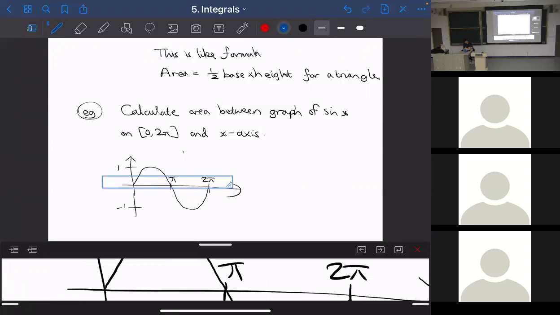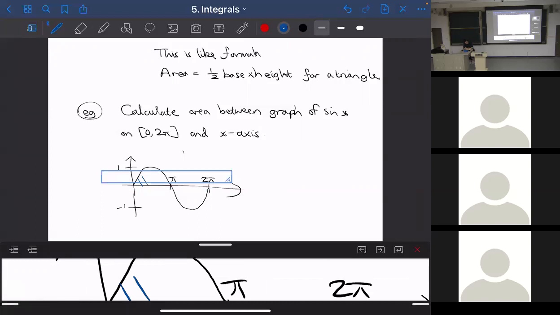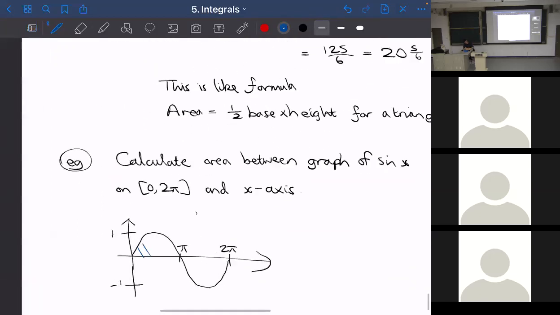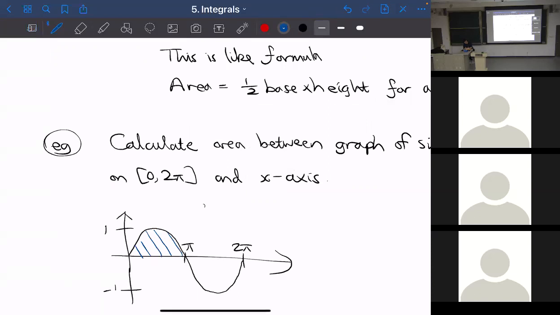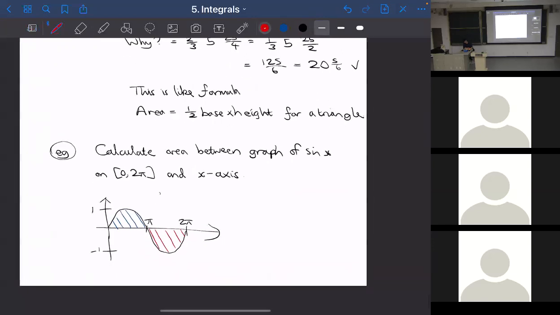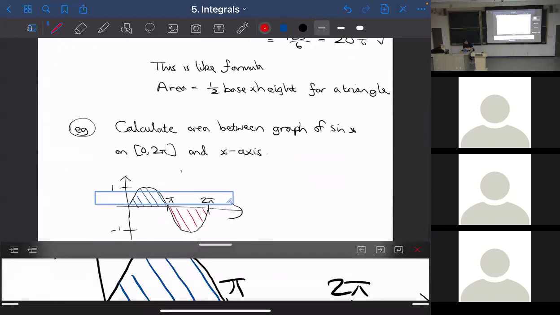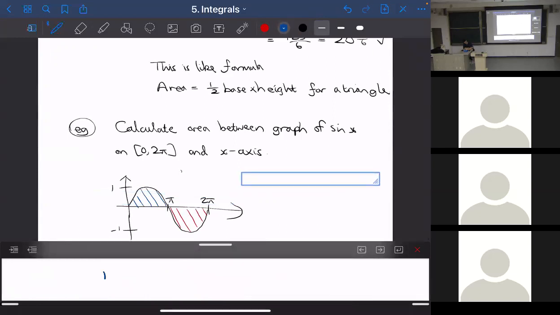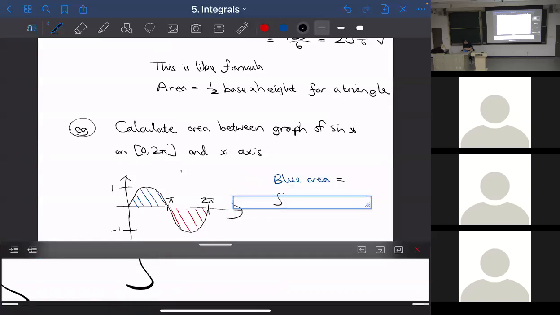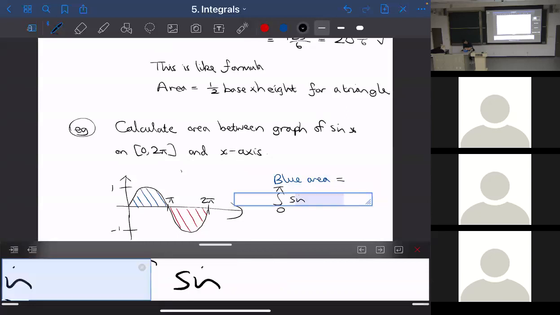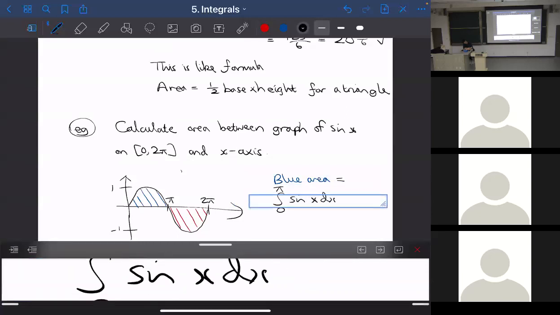So we want to add up this blue area and this red area. So the blue area we already calculated. That's the integral from 0 to pi of sine x dx, and that was equal to 2.